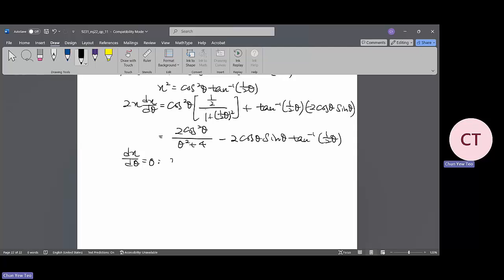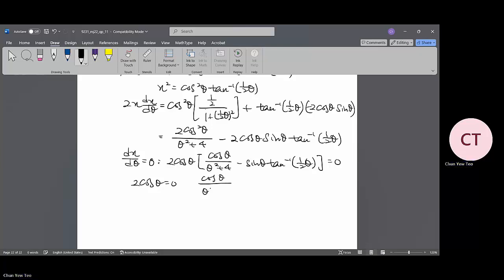So that means 2 cos theta over theta squared plus 4 minus sine theta arctangent of half theta will be equal to 0. So 2 cos theta equals 0, or this is equal to 0.